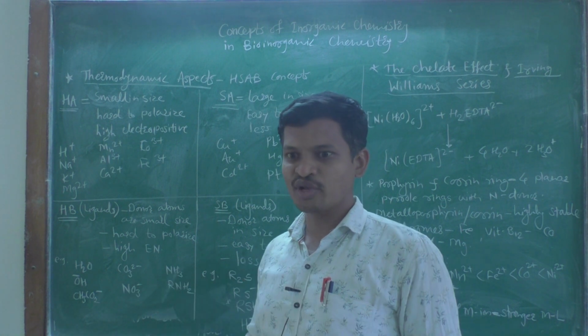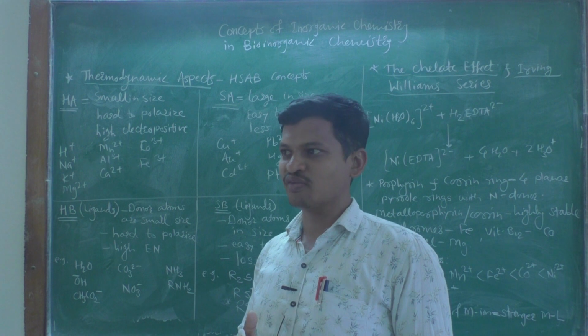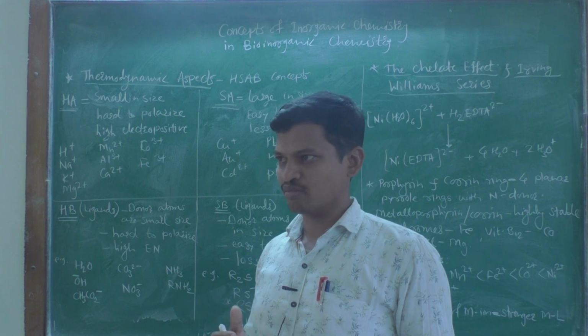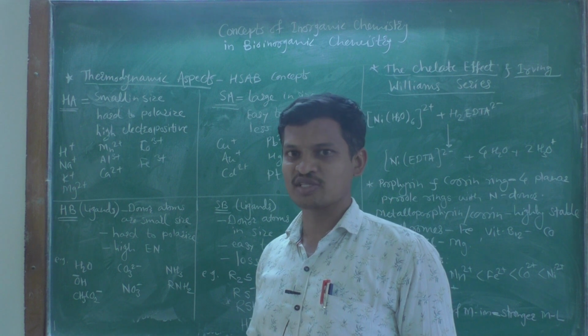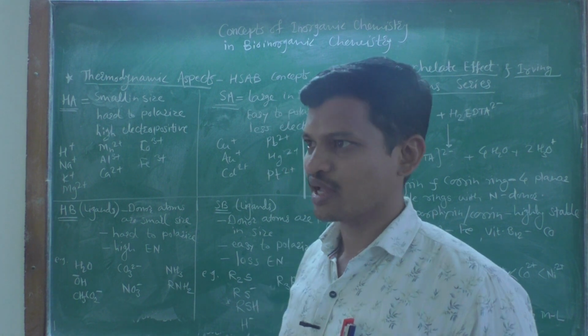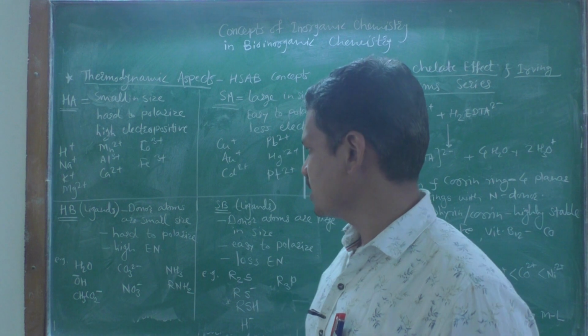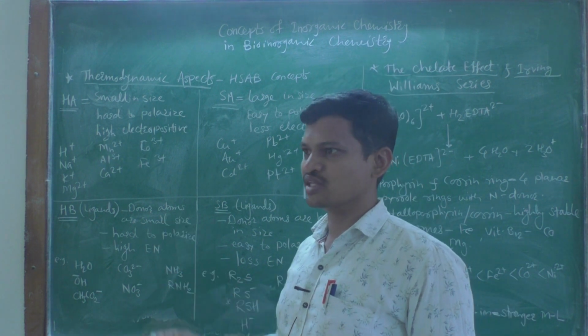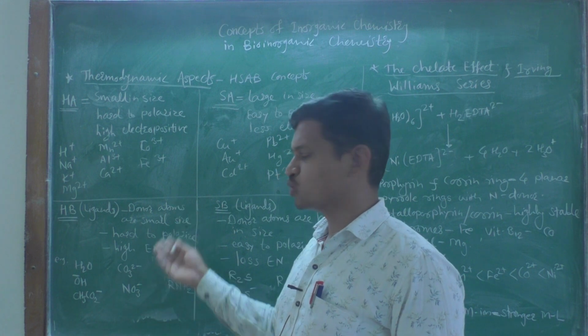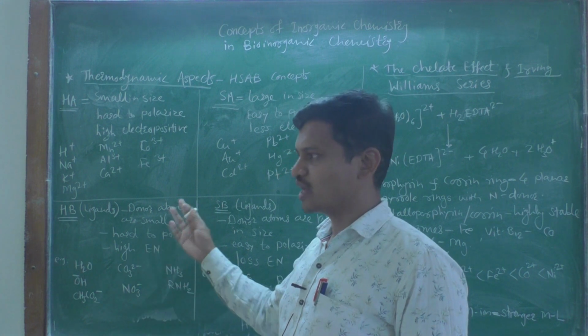All amino acids are made up of different combinations of carbon, hydrogen, oxygen, sulfur, phosphorus, etc. Nitrogen is there too. So these protein residues or amino acid residues act as donors or ligands.